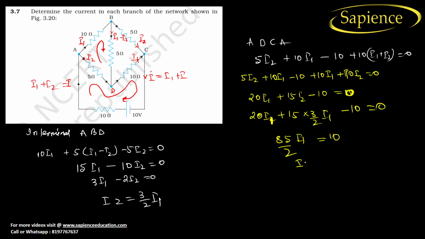I1 is equal to 10 by 85 into 2. So this will be how much? 4 by 17. So finally we have got I1 as 4 by 17, and in this way you can also get I2. So just by using this one you can get all the values.